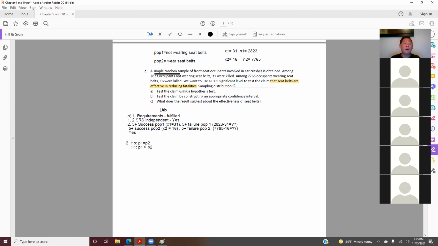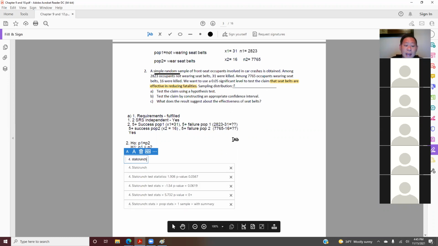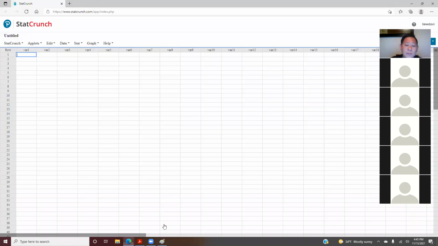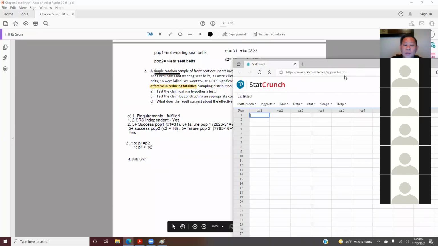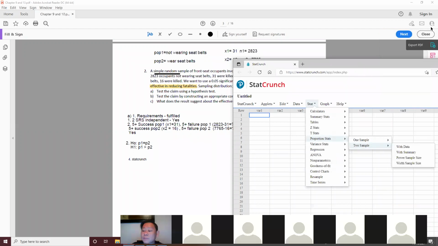Okay. Now we go to the stat 4. We're going to need to go to StatCrunch. So you go to StatCrunch and enter these numbers in. You go to Stat, Proportion Stats, Two Sample, With Summary.